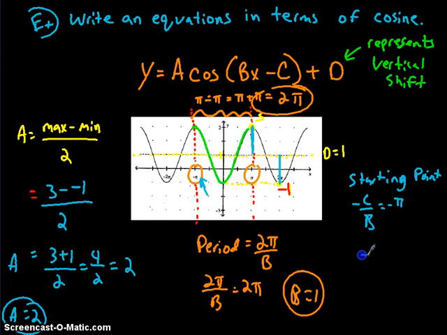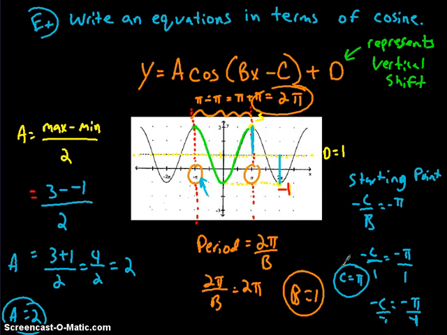So since B is 1, negative C over B is equal to negative pi. Again, B is 1, so we'll call it 1. Negative C over 1. So I want to finish solving that. I put pi over 1 as well, and cross multiply. 1 times pi and 1 times C. So basically, negative C is equal to negative pi. You divide both of those by negative 1, and you find that C equals pi.